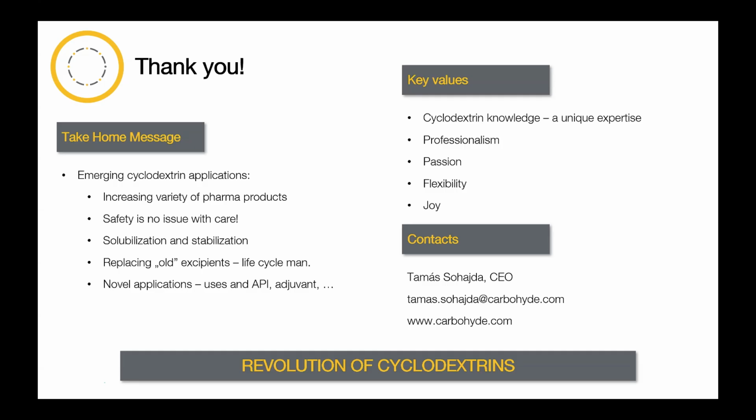Mainly they are still used in solubilization and stabilization, and they can be used for replacing other excipients or preparing new types of products. And there are novel applications, API adjuvants, so really the cyclodextrins can be used in different ways, in a lot of different application areas.